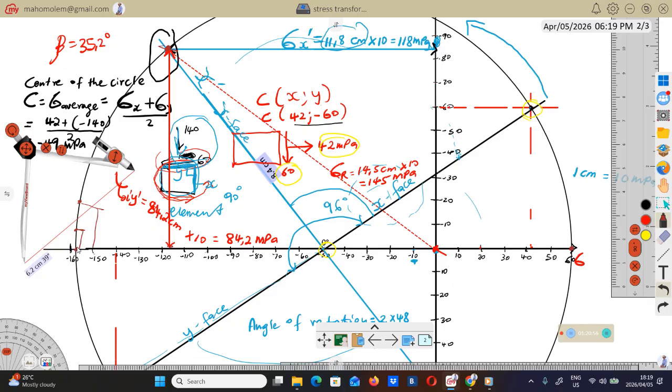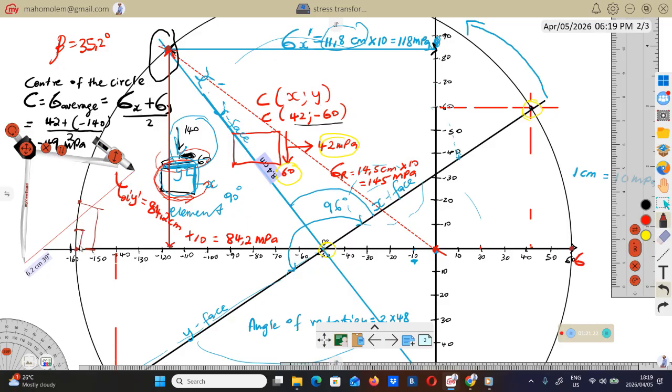But at this point, there is no vertical distance between this brown dot and this black line, or between this brown dot and this point of origin. There is no vertical line between those two dots. Remember, the vertical distance represents the shear stress.